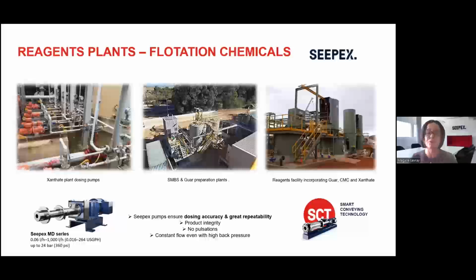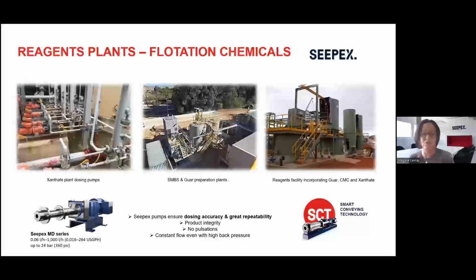So for small flow rates, we have the MD series, which has a maximum flow rate of 1 cubic meter per hour, that is 264 US gallons per hour, and maximum discharge pressure 24 bar, that's 360 PSI. Here again, those reagents can be expensive chemicals, so we don't want to waste them. We don't want to waste a drop.